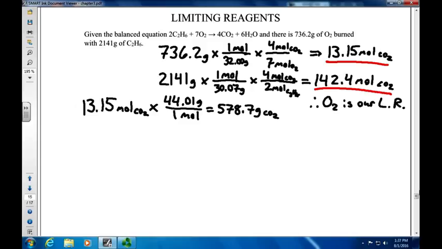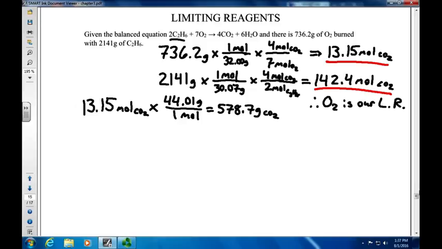So there's one other thing that you can determine from this, and that is the excess or leftover reagent. So we know that all of the oxygen gets consumed, but what about this little bit of ethane that should be left? So to determine that, let's use a different color.